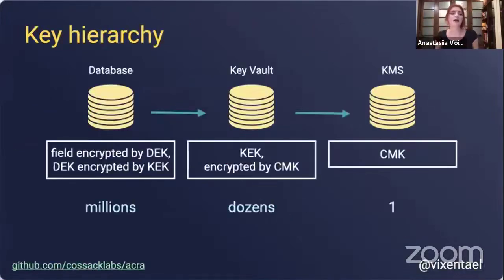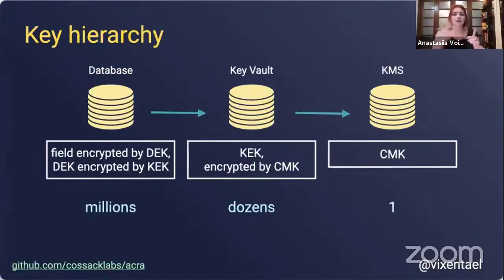That's fine. Acra uses a little bit more complicated key hierarchy for more flexible key rotation. In Acra, for example, each data field that you select to encrypt will be encrypted with a different symmetric key.